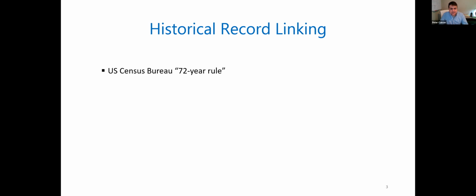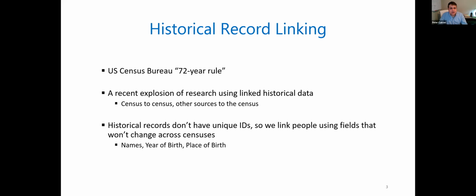We also have recent computing resources that allow us to do the types of linking that's necessary for this. However, in a few slides, I'm going to tell you that you no longer need these computing resources to do this.